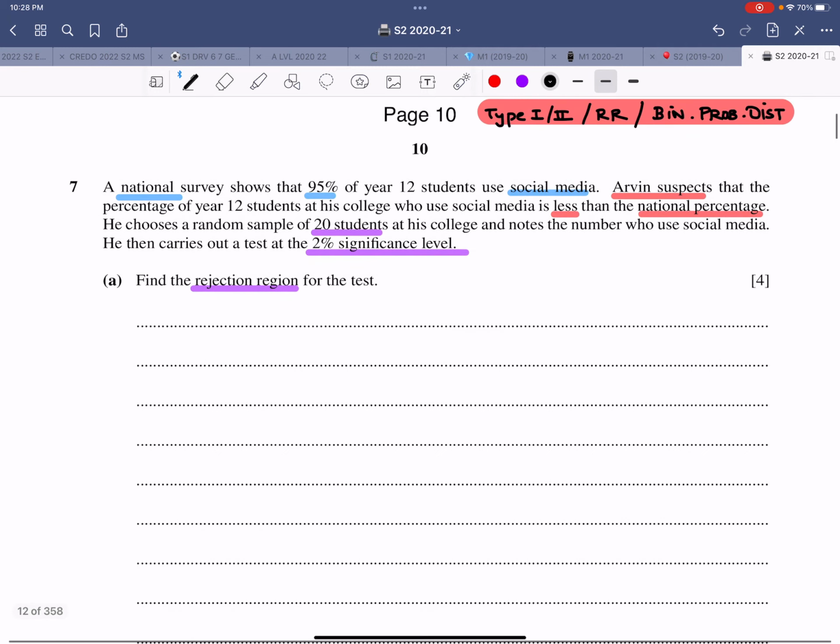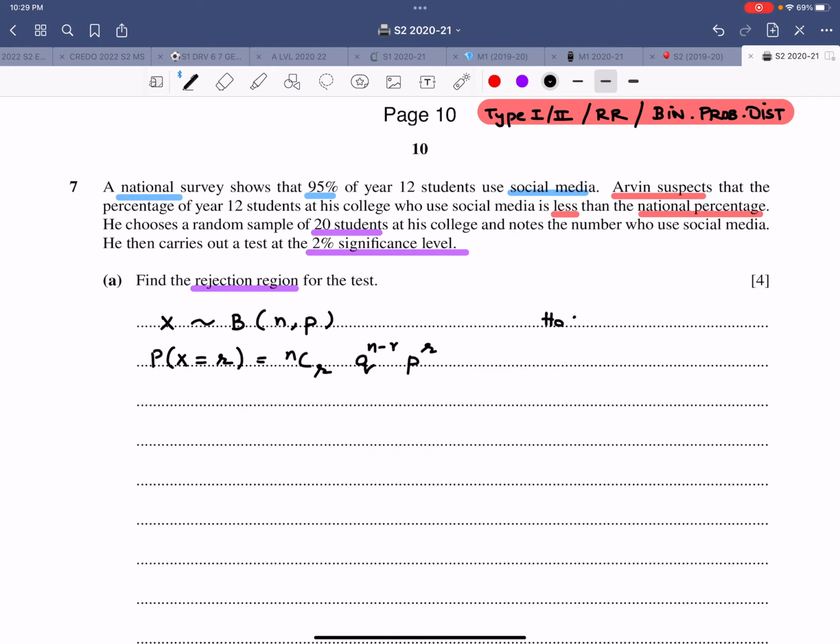a bit tricky. Now we know that we have to use trial and error to find the rejection region. First of all, X follows a binomial distribution n, p. Probability X equals R is nCr, success raised to power of R, failure raised to power of n minus R. This is a lower tail test.